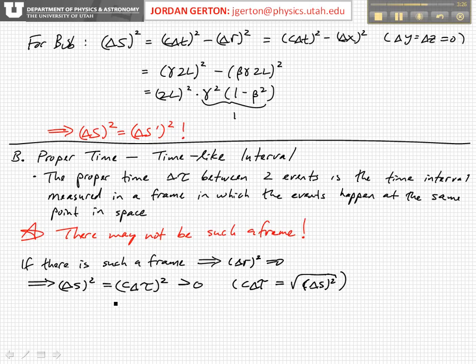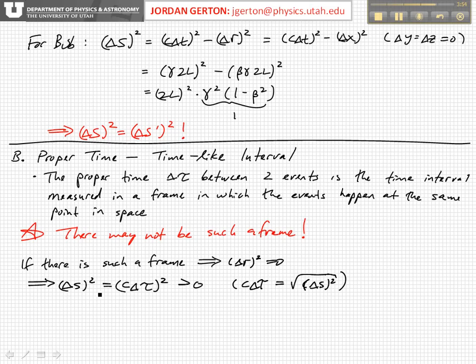If I give you two events that may not happen at the same place, I can still ask you what the proper time is for the interval between those two events, because, in principle, if this is positive, you can boost to a frame moving in which those two events happen at the same point in space.